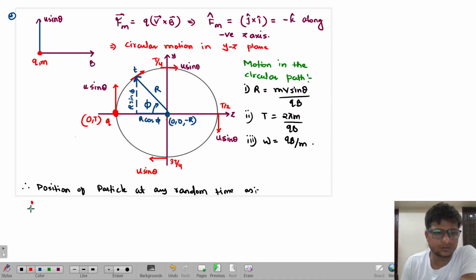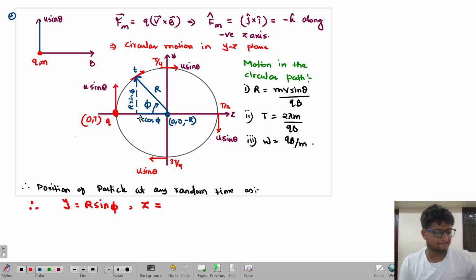Therefore, the x coordinate is always 0. The y coordinate is r sine phi, already we can see. And then we have the z coordinate. What is the z coordinate? What will be my z coordinate?